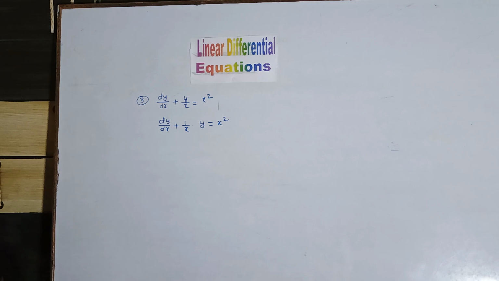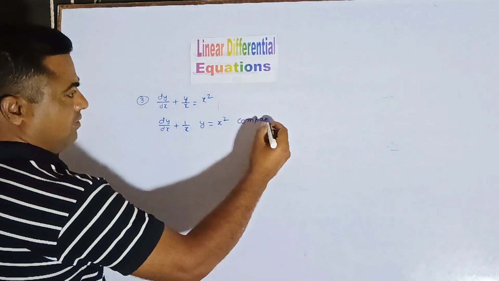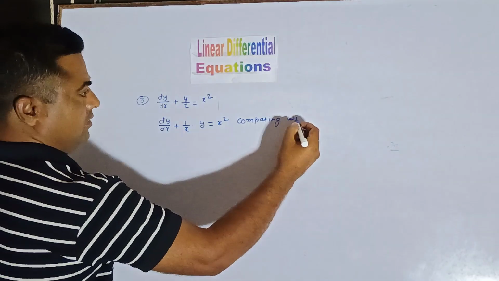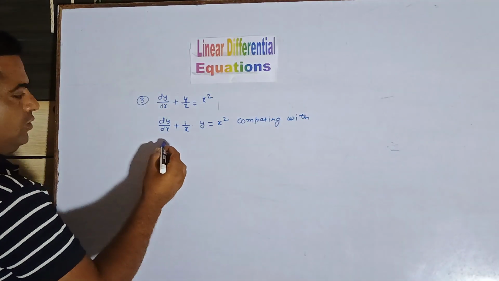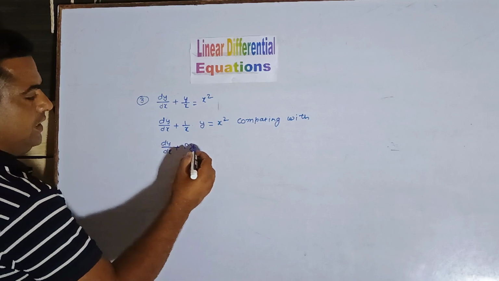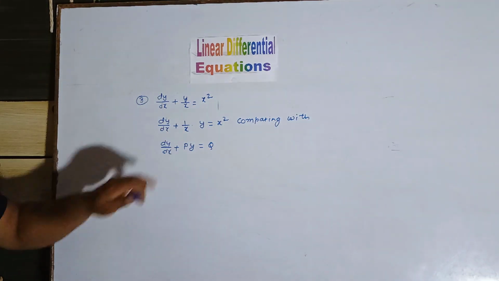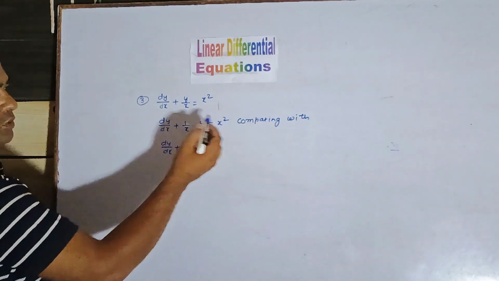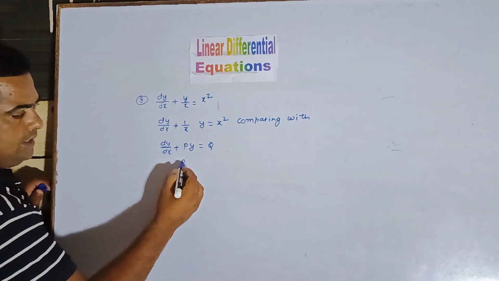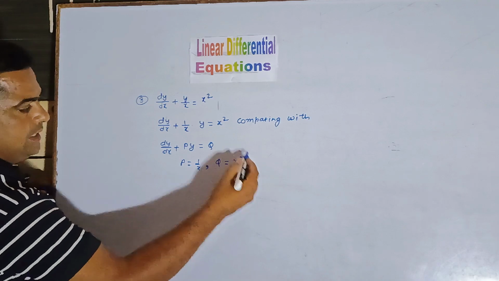Now comparing with the standard form dy over dx plus py is equal to q, we can see here p is equal to 1 upon x and q is x square.